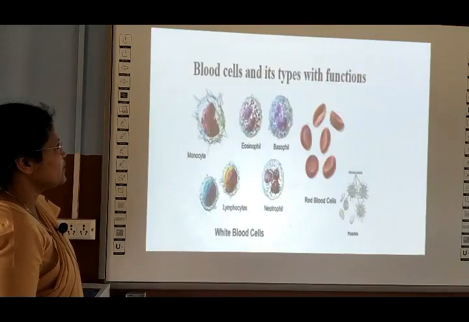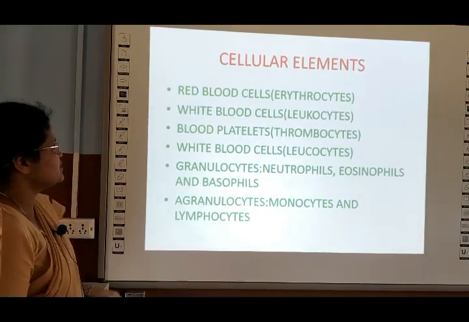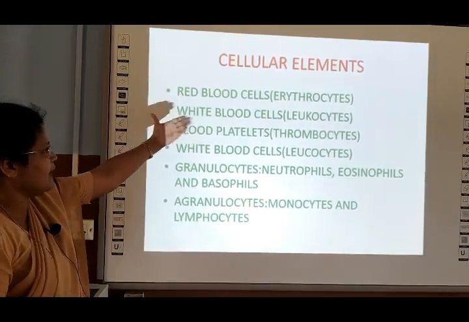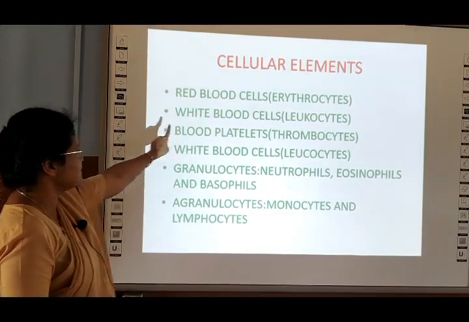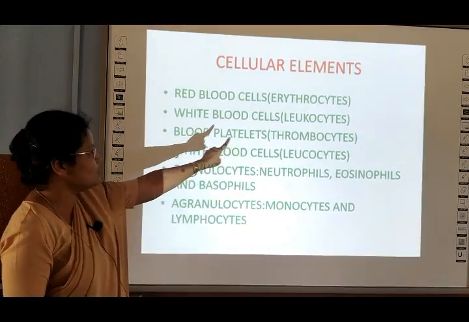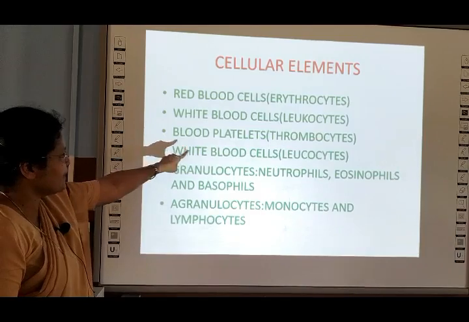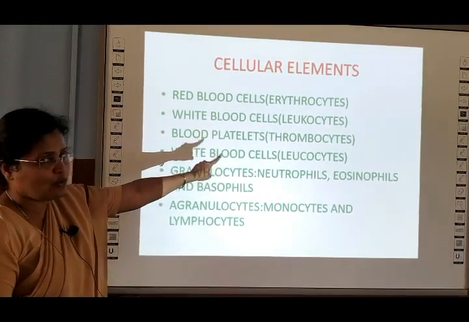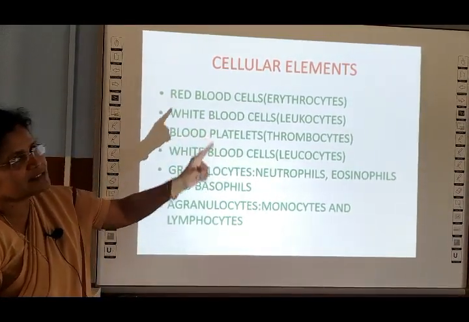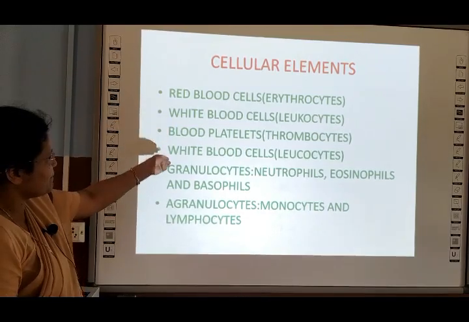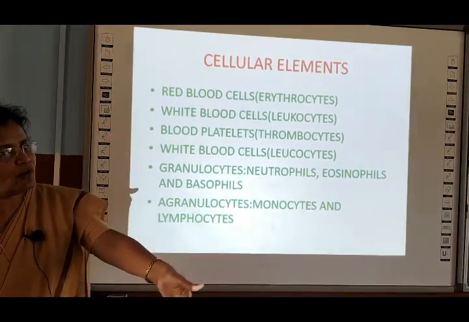Let me explain: the cellular elements consist of RBC, known as erythrocytes, white blood cells, known as leukocytes, and blood platelets, known as thrombocytes. I told you it is called thrombocytes because the blood platelets straight away react with the thrombokinase.